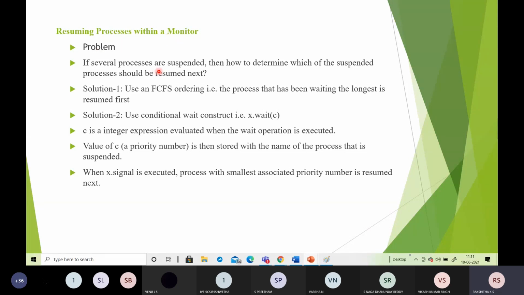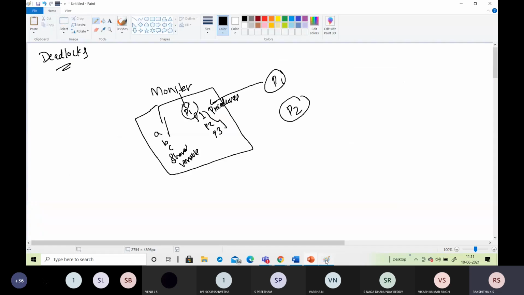If several processes are suspended, how do we determine which of the suspended processes should be resumed next? For example, with P1 and P2, P1 has entered here and executed its task, and then it has to come out.